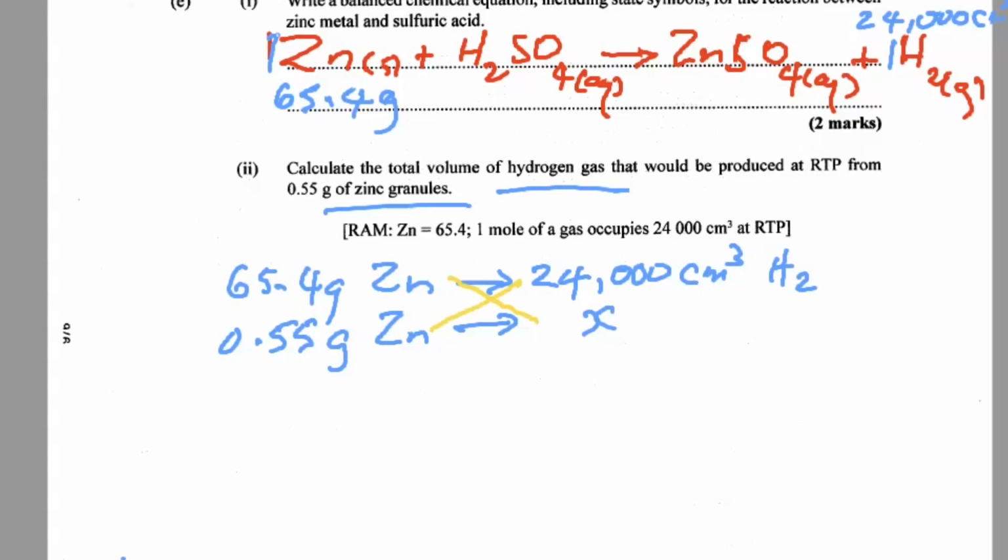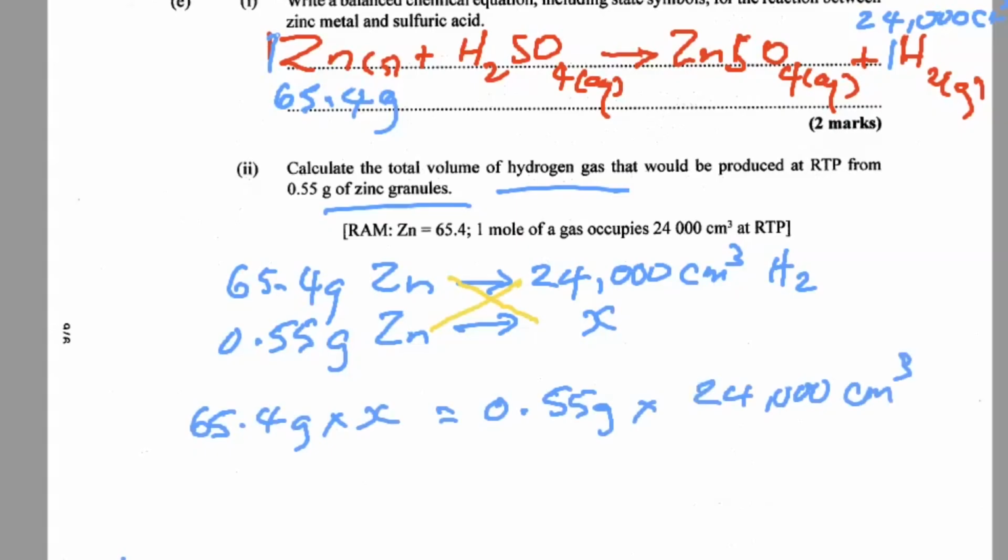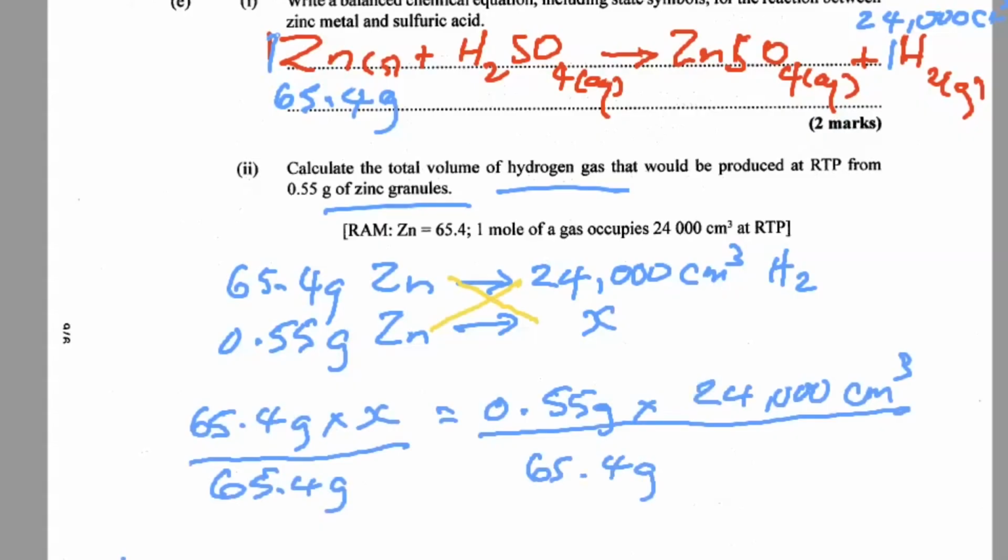So it would mean then that 65.4 grams times X is equal to 0.55 grams times 24,000 cm cube. We want to make X the subject, so we divide by 65.4 grams on both sides. All right, and of course, 65.4 grams cancels out 65.4 grams.